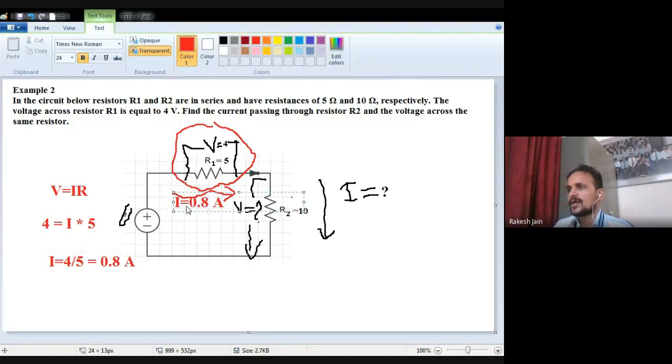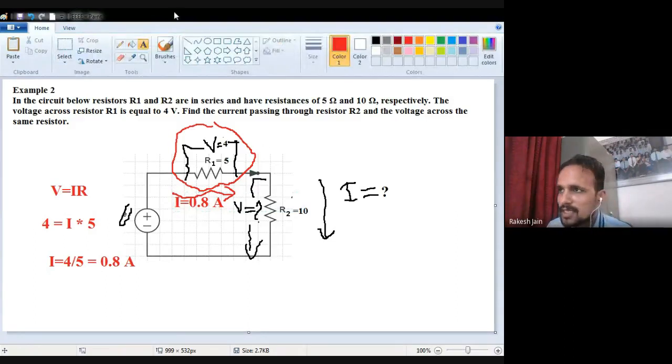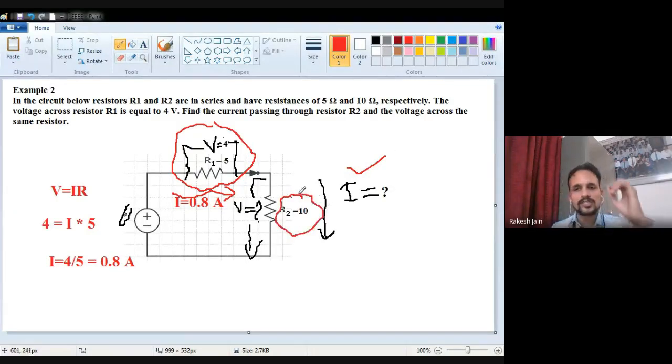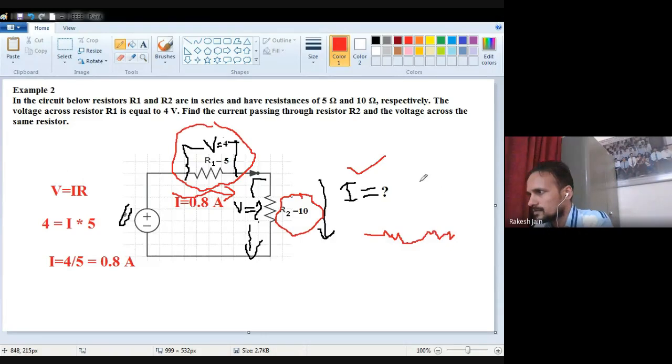Now I have to find out the current that passes through this resistor. See very carefully, and keep in mind what I taught you a few minutes ago: whenever resistances are in series, let's suppose this one is the R1 resistor and this one is the R2 resistor.